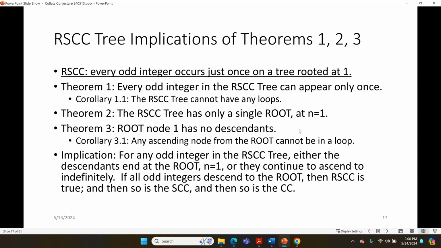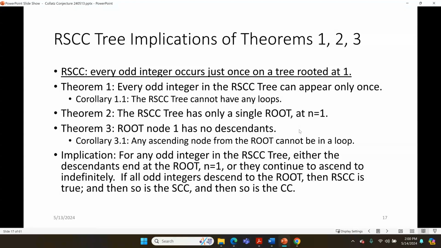So if we look at theorems 1, 2, and 3, and the corollaries, the implication of all this is that any odd integer in the reverse simplified Collatz conjecture tree either has descendants that end at the root n equal 1, or the descendants continue to increase indefinitely, off to infinity.